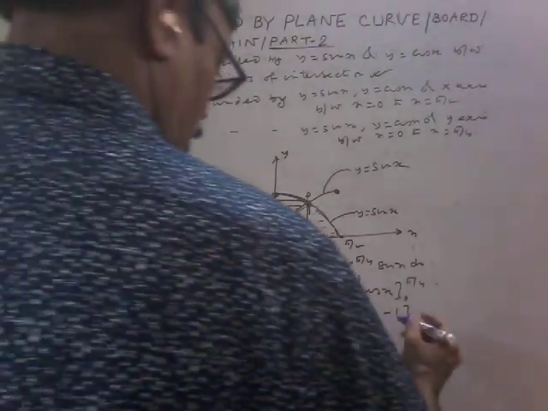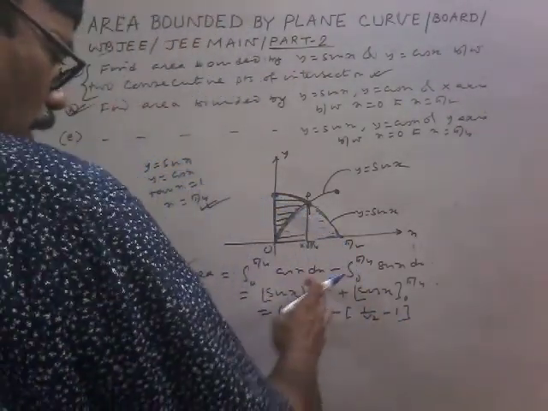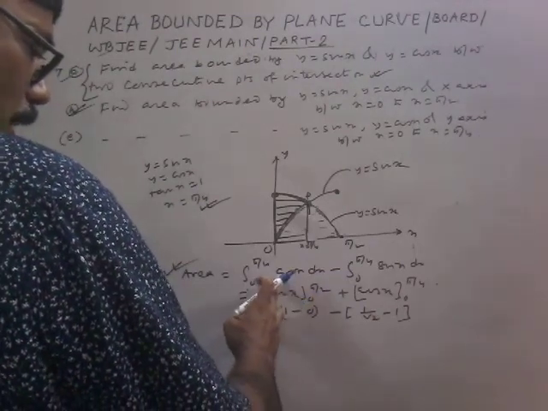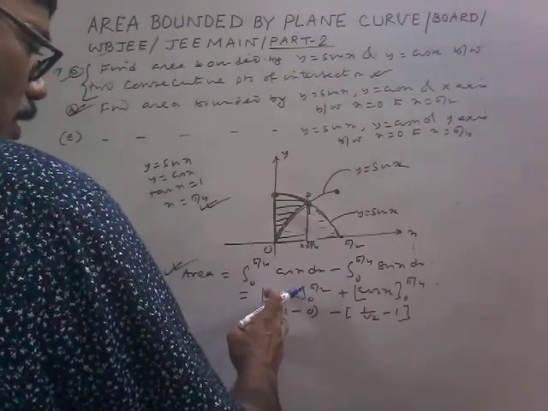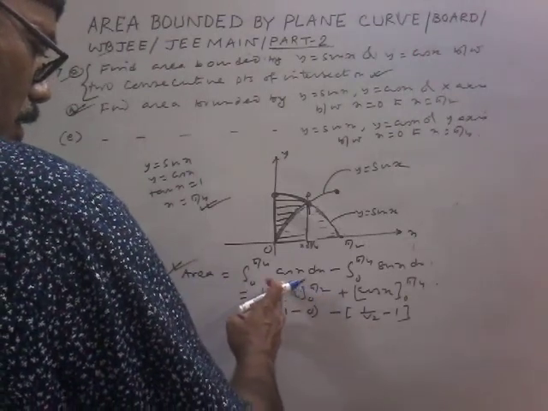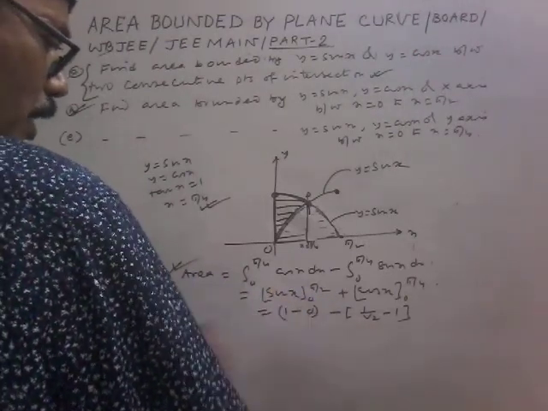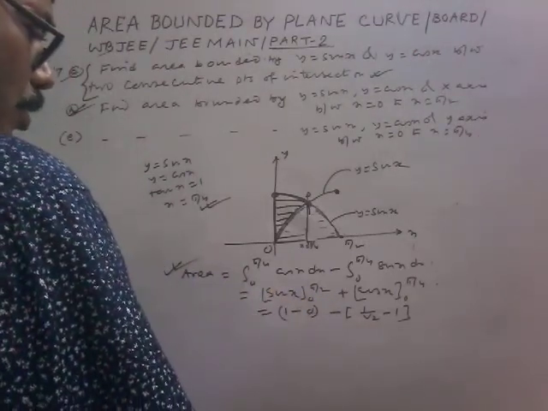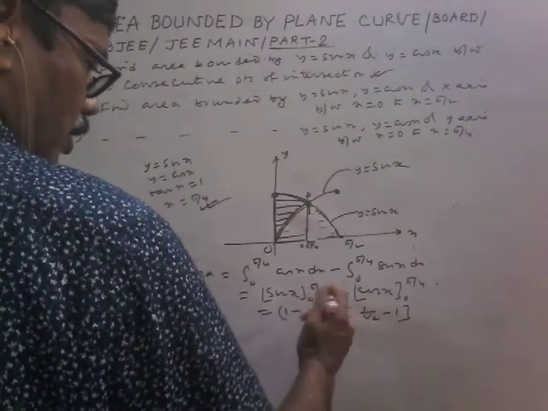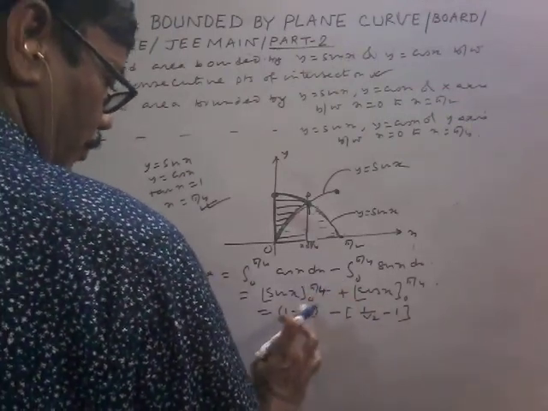So this is sin pi by 4 minus sin 0, not pi by 2, sorry, this is 0 to pi by 4.